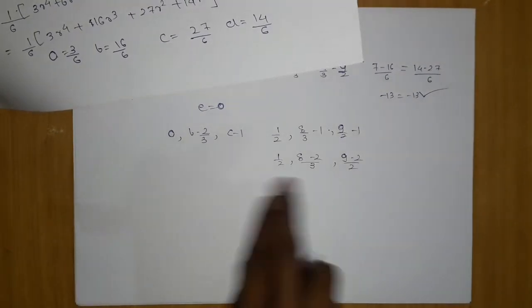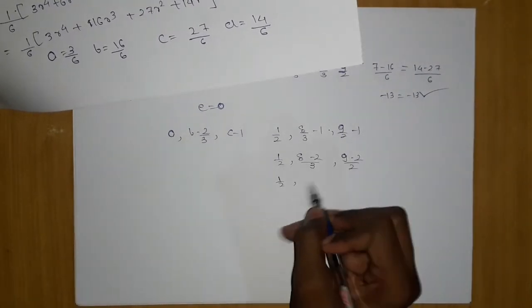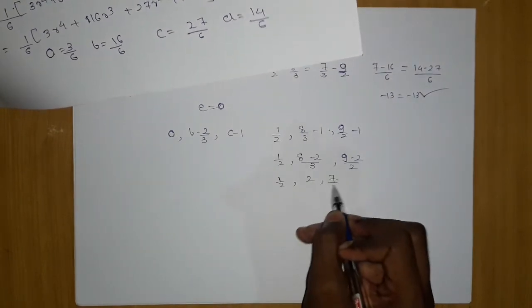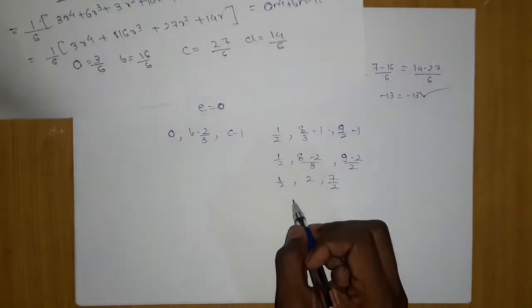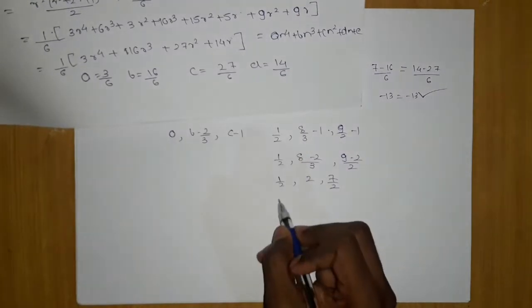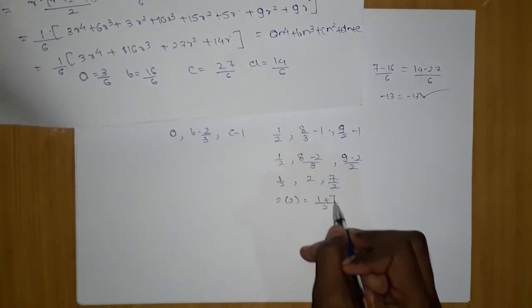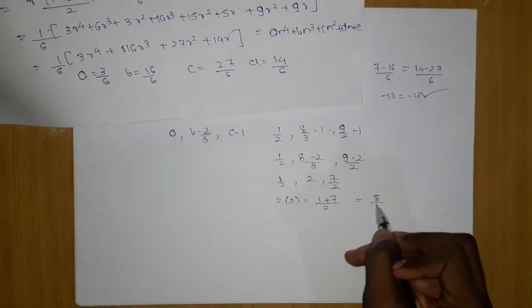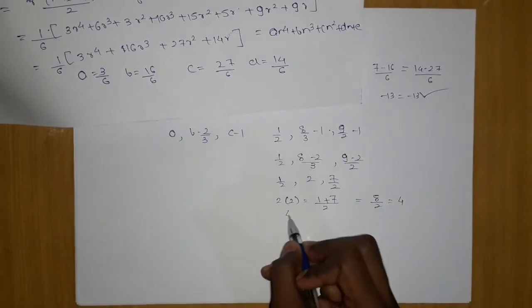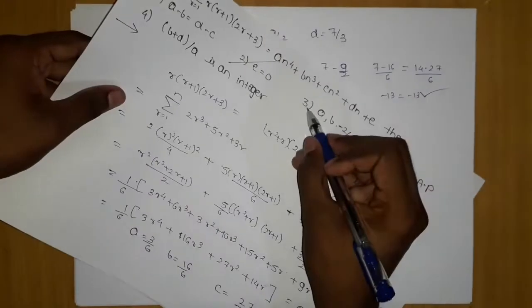Here they will cancel out and give me finally 1 by 2 comma 2 comma 7 by 2. Now for them to be in AP, 2 into 2 should be equal to 1 by 2 into 7 by 2 product, this will become 8 by 2, which gives 4, and if you multiply this it is also 4. So the third option is also correct.